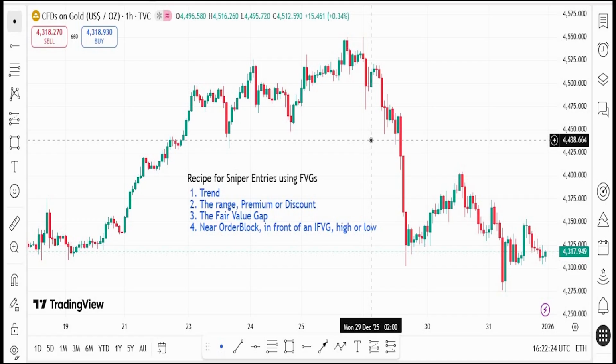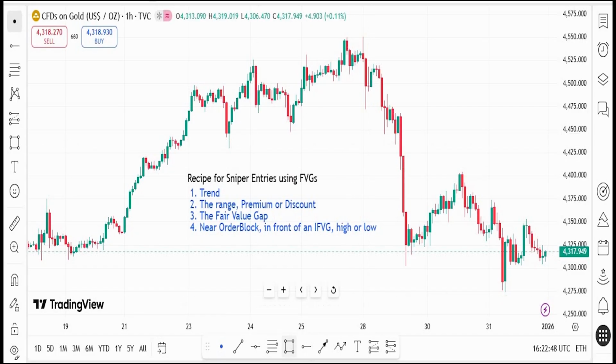We will look for premium or discount areas. The third is the fair value gap. And lastly, it must be near an order block. It could be in front of an IFVG, a high, low, relative equal high, relative equal low. So I'm ensuring you, if you are looking for these things, then sniper entries will surely follow up.